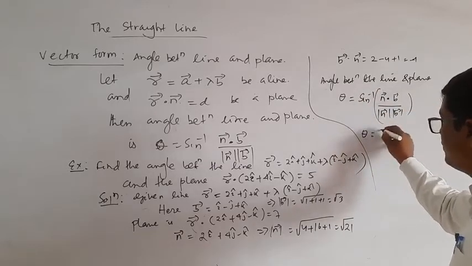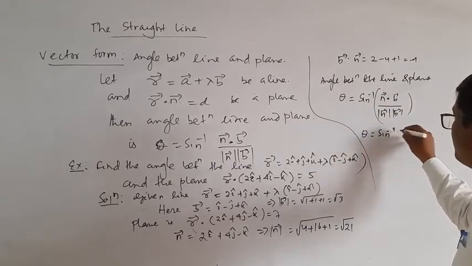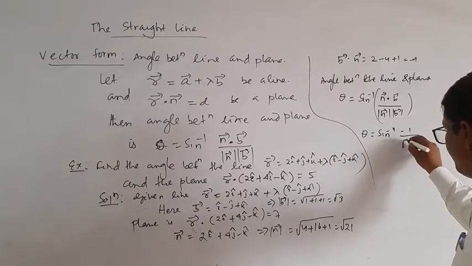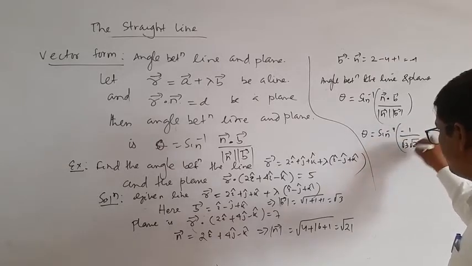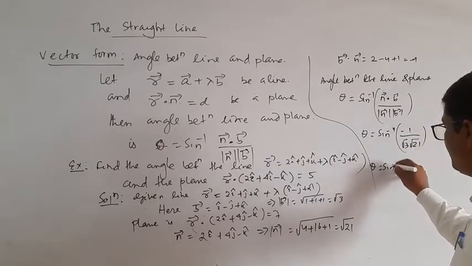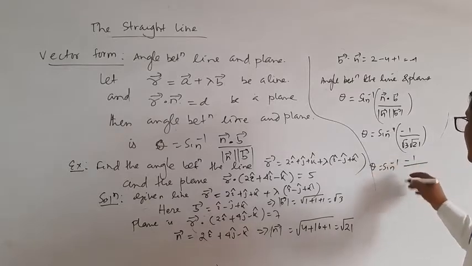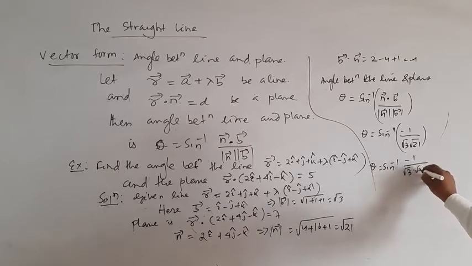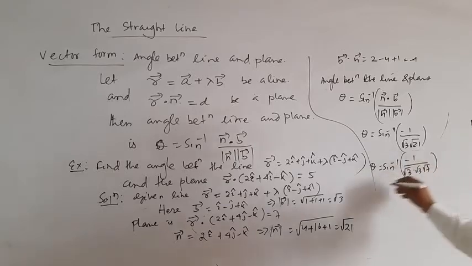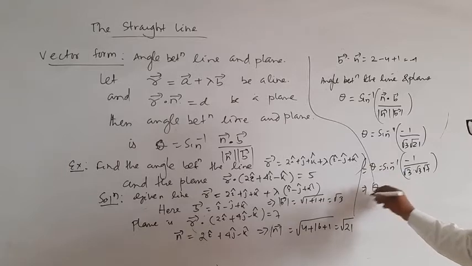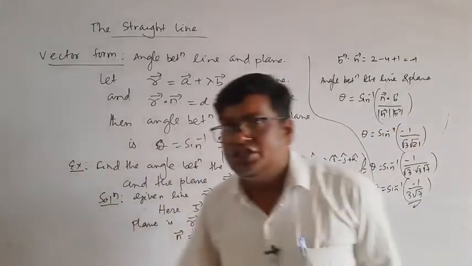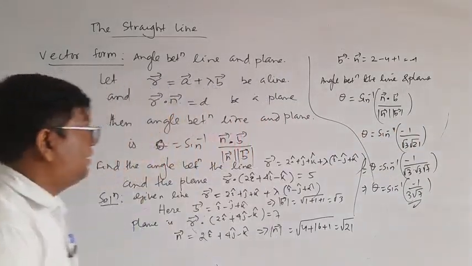So theta is equal to sin inverse of minus 1 divided by root 3 into root 21, or theta is equal to sin inverse of minus 1 by 3 root 7, since root 3 into root 3 into root 7. So theta is equal to sin inverse of minus 1 by 3 root 7. This is the answer.